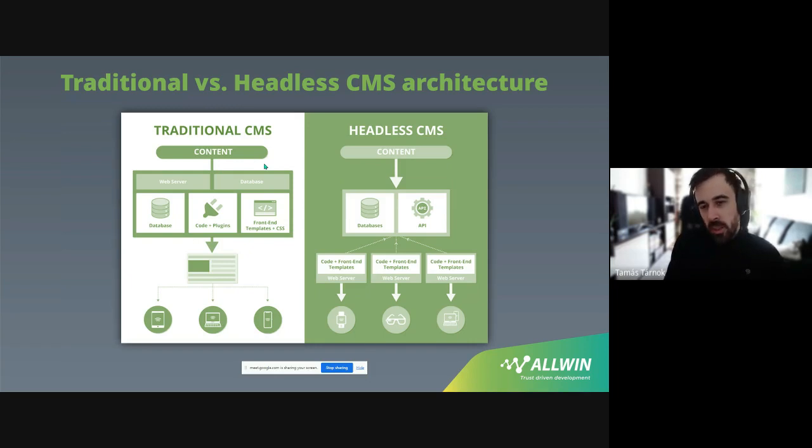Compared to that, with headless CMS the big difference is that we don't have a direct connection to the database from the front end, but we have an API layer in between. So it's connecting and getting the data from the database through an API. The front-end code doesn't really need to be CMS related, so you can reach the API without any SDK.